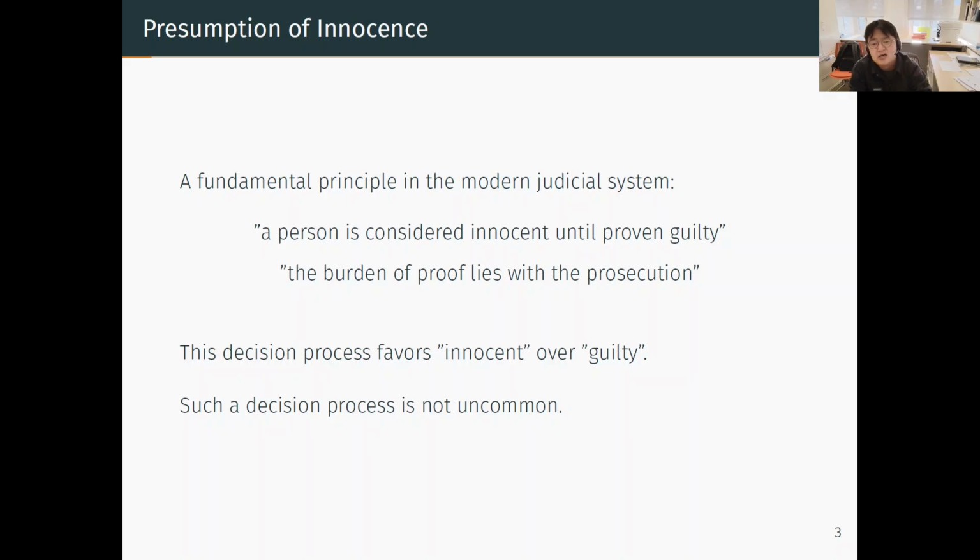So this process favors innocence over guilt. So in that sense, it's unfair, but of course in a different sense than the typical fairness. And I will give you more examples of similar decision-making processes like this.